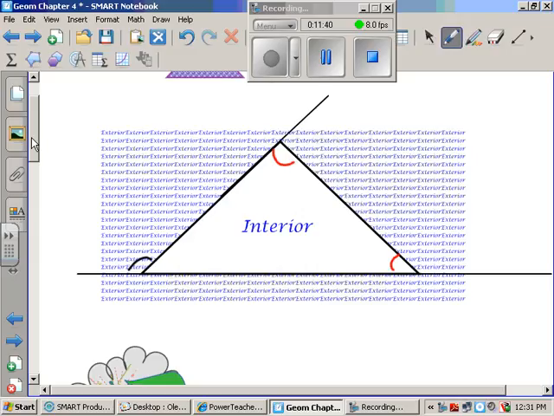So why that is, if you think about it, let's give these angles names. Like let's call this A and B and C and D. Okay? We know that all three angles together equal what? 180. So the measure of angle B plus C plus D equals 180. Okay? We also know what kind of angles these two right here are. They're a linear pair, so what do they equal? 180 as well.